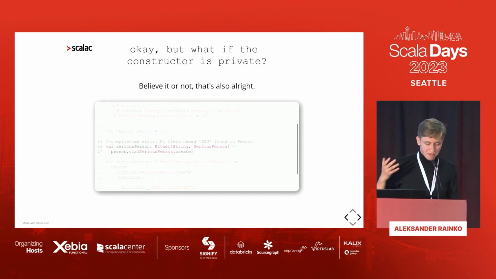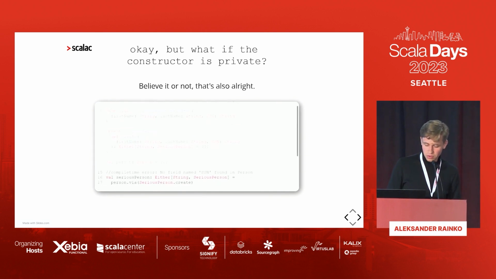What is via? Via takes in a method reference, let's call it, and that method reference is then used in place of the primary constructor, right? So in this case, what will happen underneath is that we pass in the SeriousPerson.create method to transform a person into a serious person.